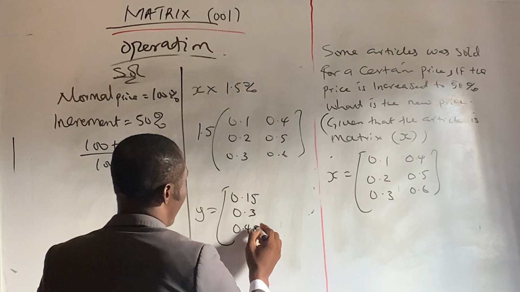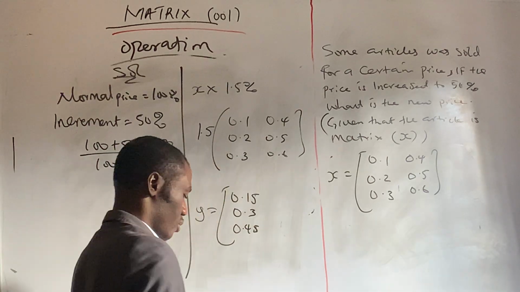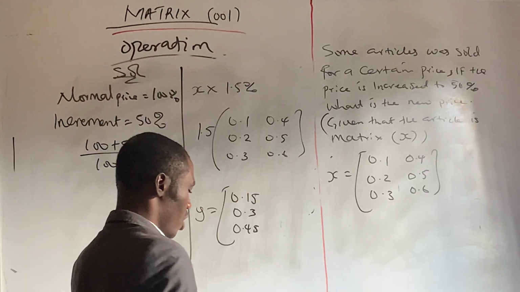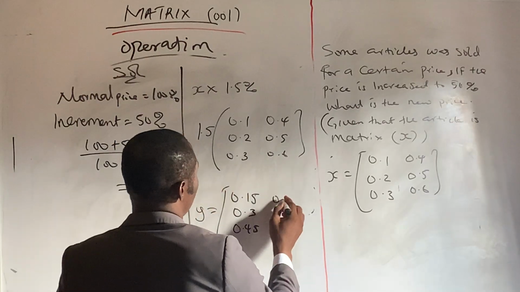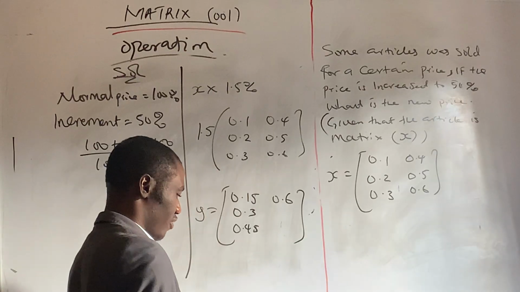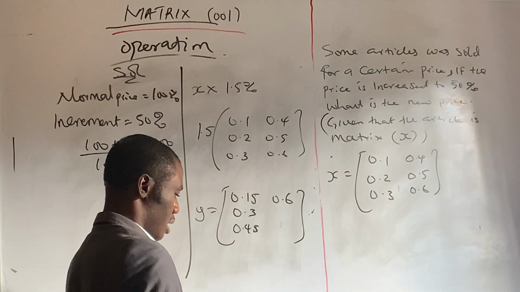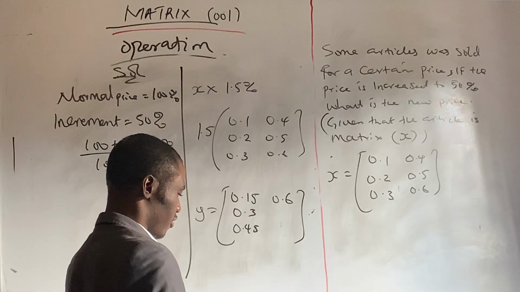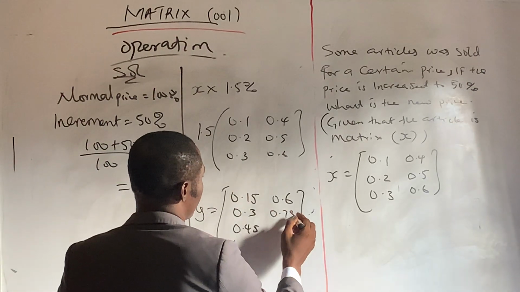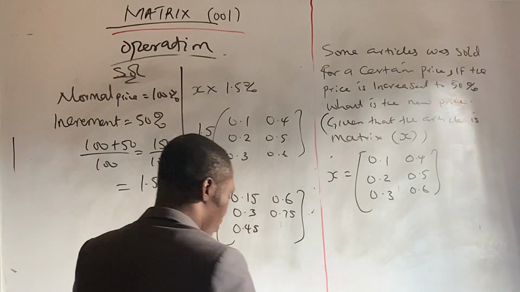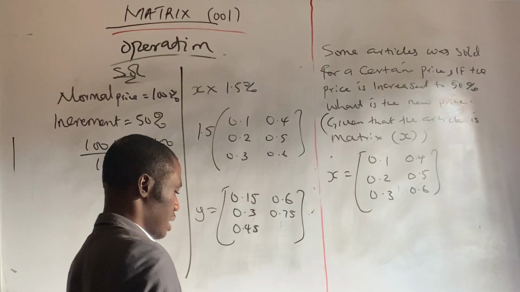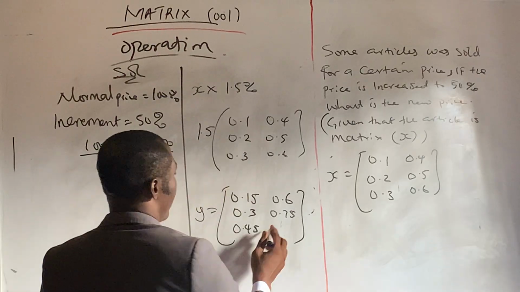Next one. 1.5 times 0.4, that will give me 0.6. Next one, 1.5 times 0.5, 0.75. All right, last one. 1.5 times 0.6, 0.9.